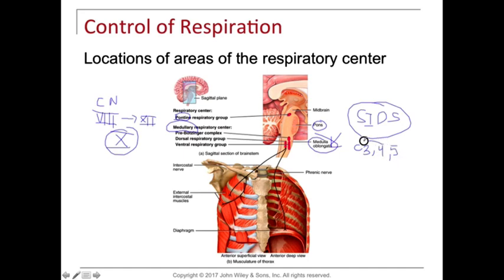And remember, C3, 4, and 5 keep the diaphragm alive. So if they tug and pull on the baby's neck too hard, it can really damage these nerve roots, damaging the diaphragm that affects breathing, or it can certainly subluxate the C1, C2 area called the atlantoaxial region. Atlanto for C1, axial for C2.